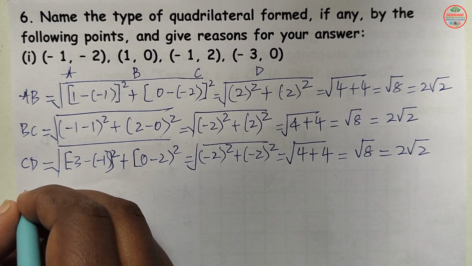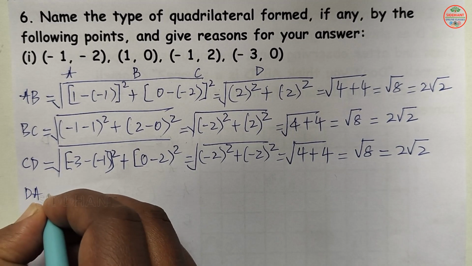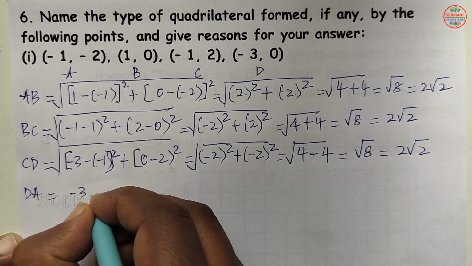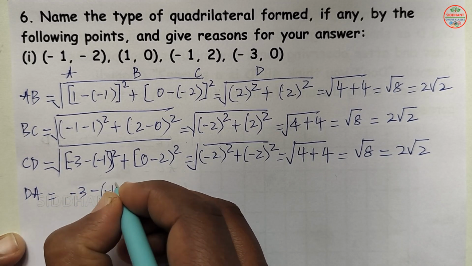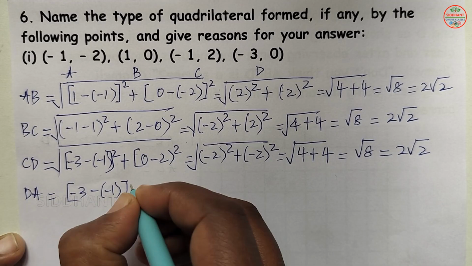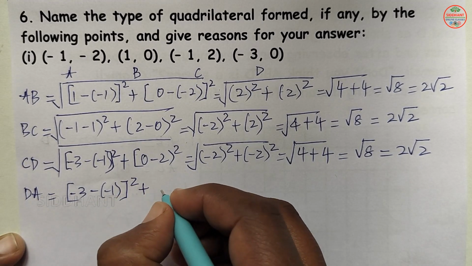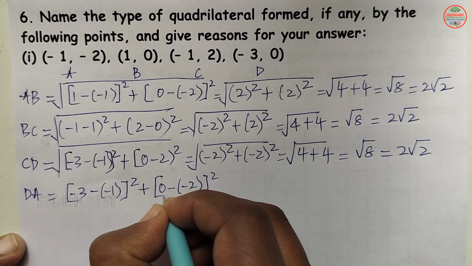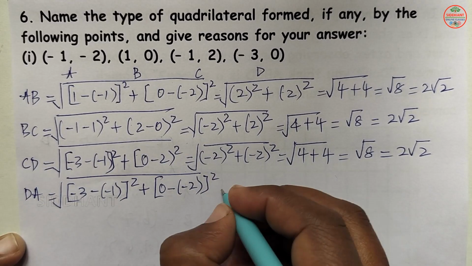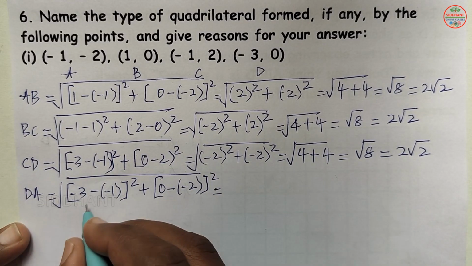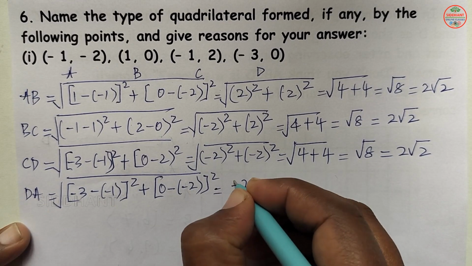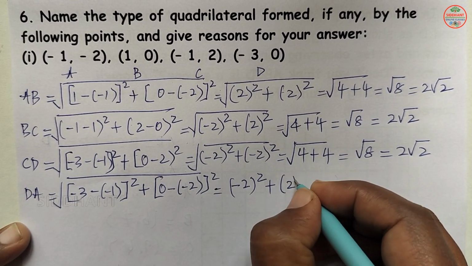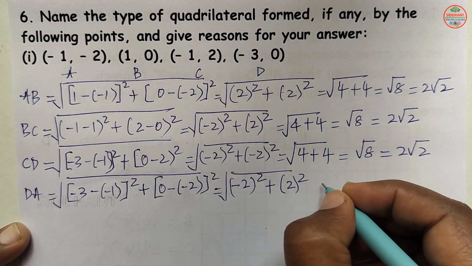Next we are going to see DA, or AD, which will be minus 3 minus of minus 1, whole square, plus 0 minus minus 2, whole square. So this will be in the square root. Next minus 3 plus 1, which will be minus 2 whole square, plus minus minus plus 2 whole square, square root.